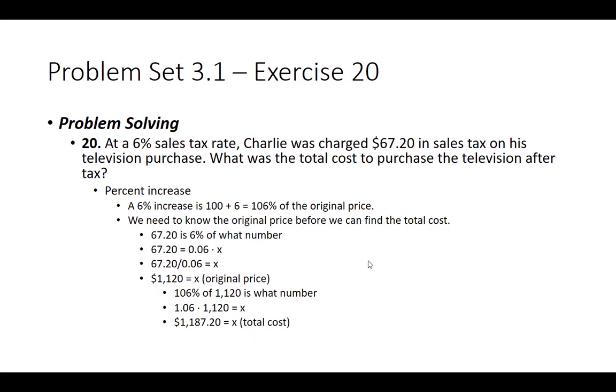So that would be the total cost. I said there were a couple of ways to come up with total cost. The other one would be once we have the original price, we can just add the sales tax onto that. And 1,120 plus $67.20 also gives us $1,187.20.